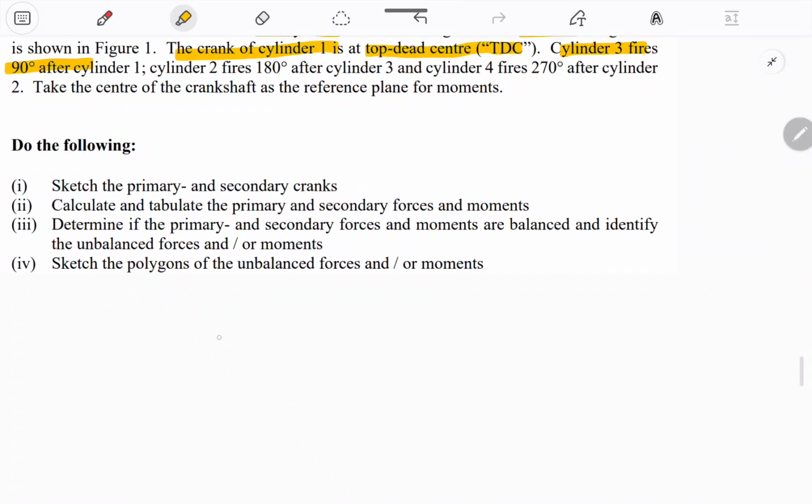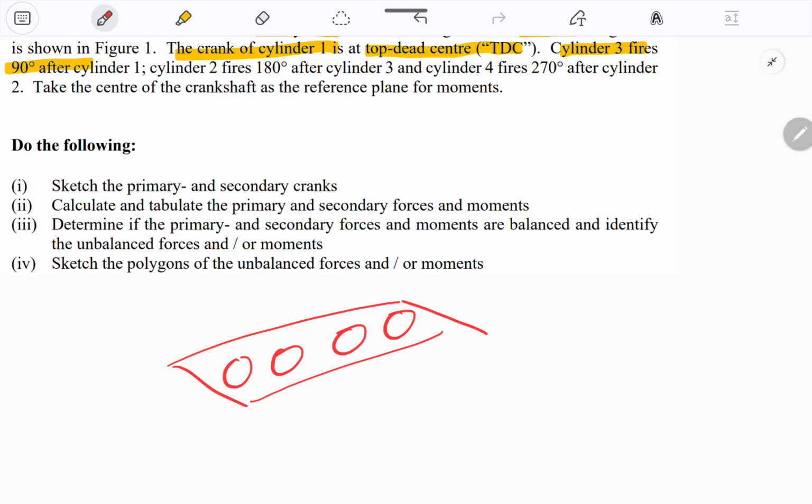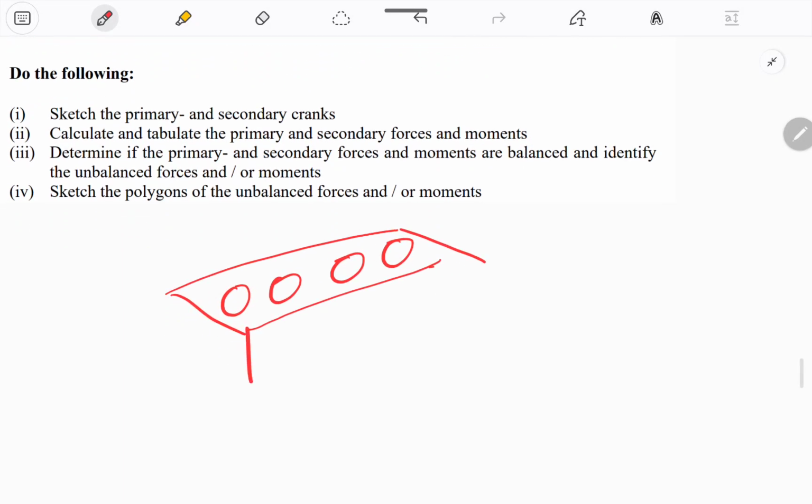So this is a 4-cylinder engine. It means you have, let me say, an engine block with 1, 2, 3, 4, right? Say this is an engine block, and below here is a crankshaft.